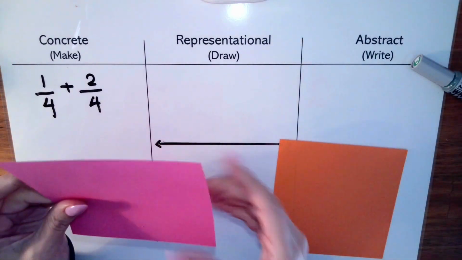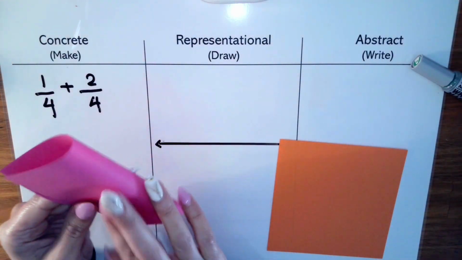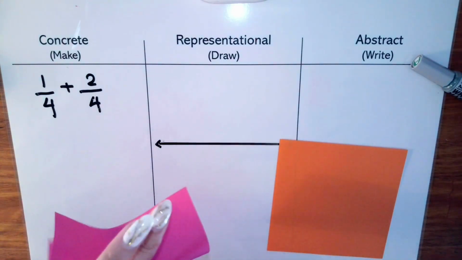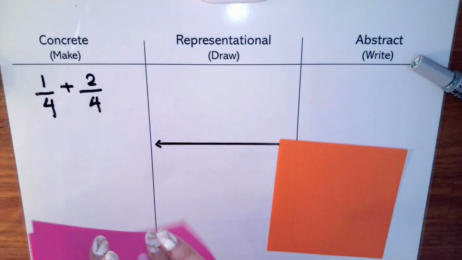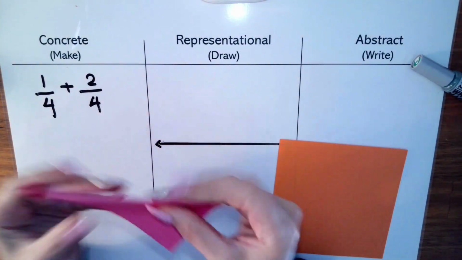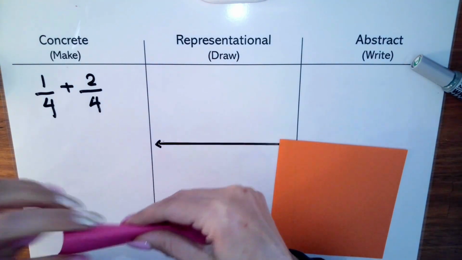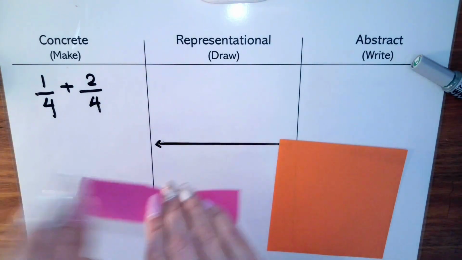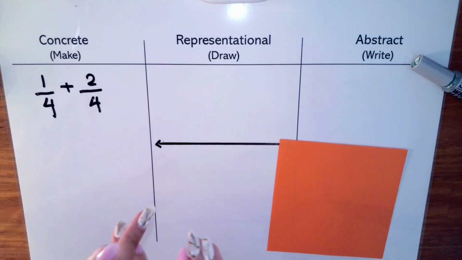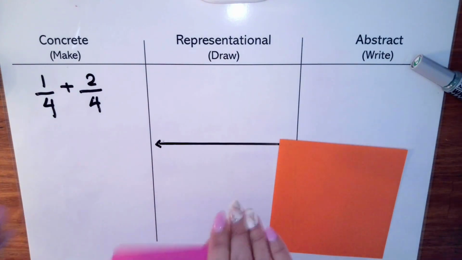So the first thing I'm going to do is find my quarter. I'm going to do this, and then I'm going to fold it like this. Different methods of folding should be encouraged for different types of problems, so you'll see what I mean.